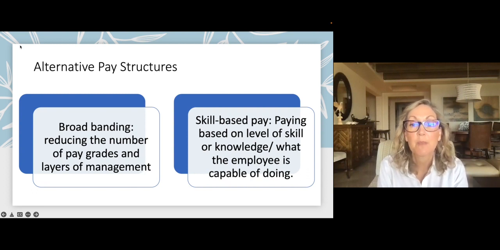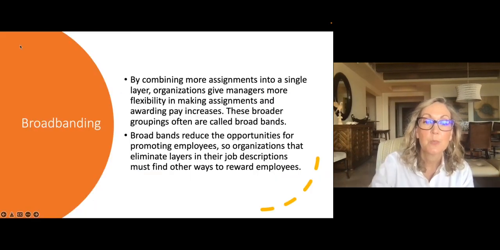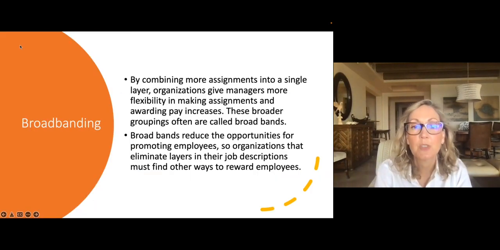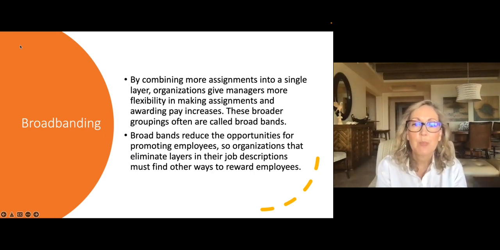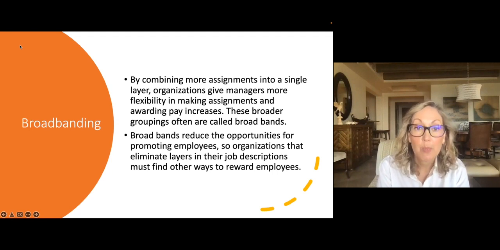And another alternative pay structure you might see would be skill-based pay, which is paying people based on the level of skills or knowledge. So broad bands, as I just described, we combine a bunch of different pay grades into one big broad band.